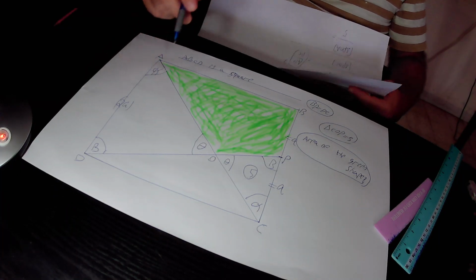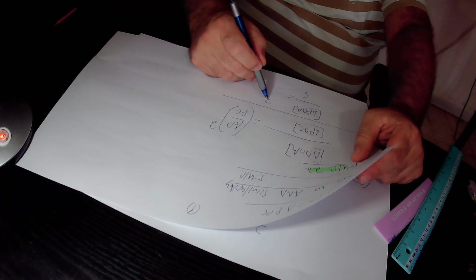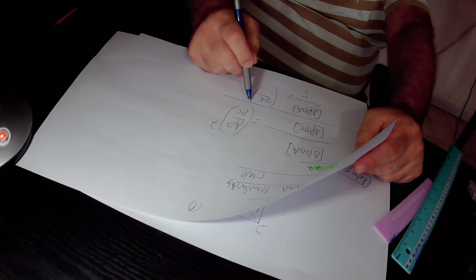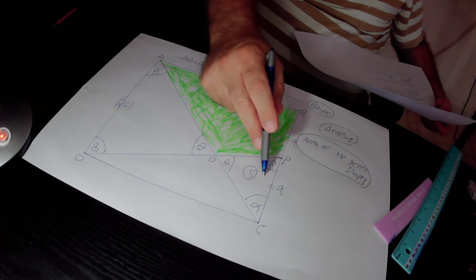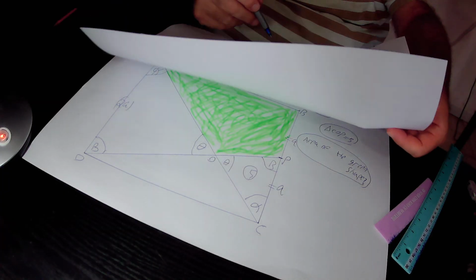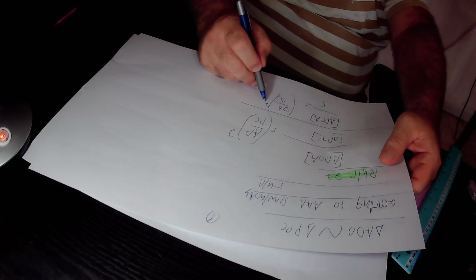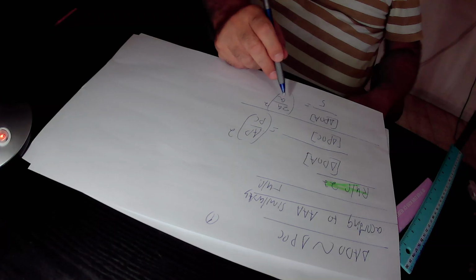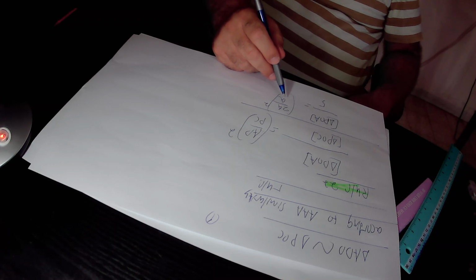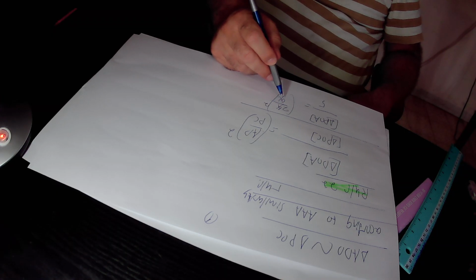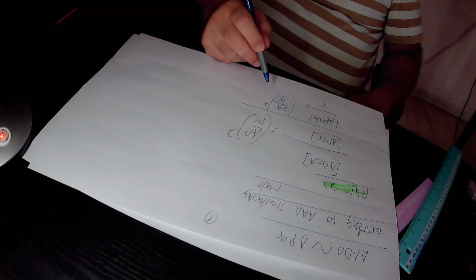AD is 2A over PC. PC is A, squared. We have A in the numerator and A in the denominator, so A gets cancelled, and we are left only with 2. 2 squared is 4.